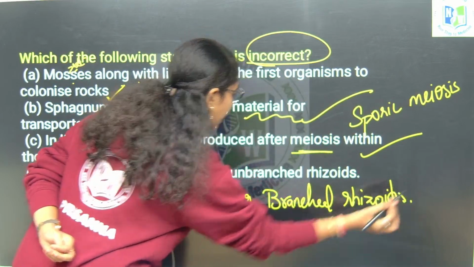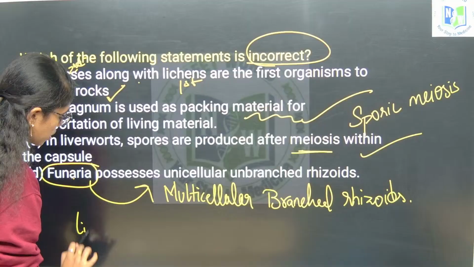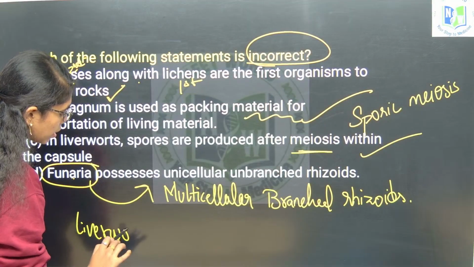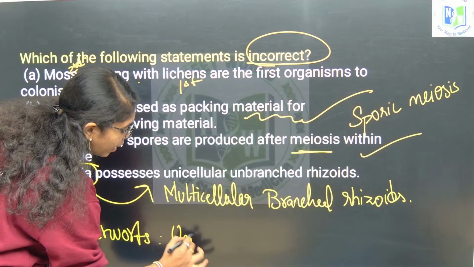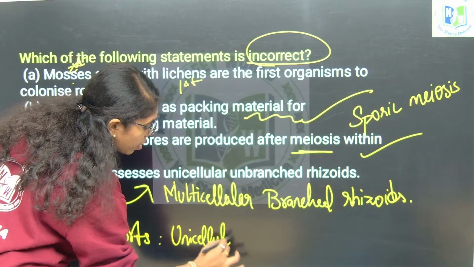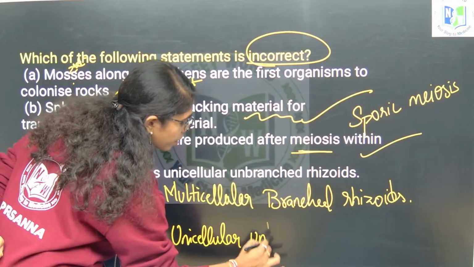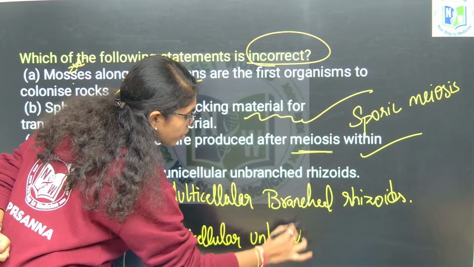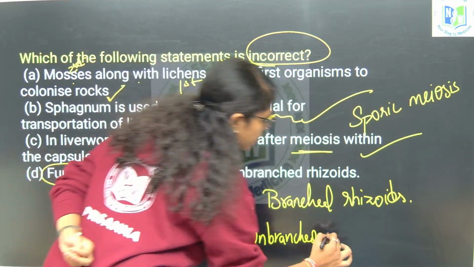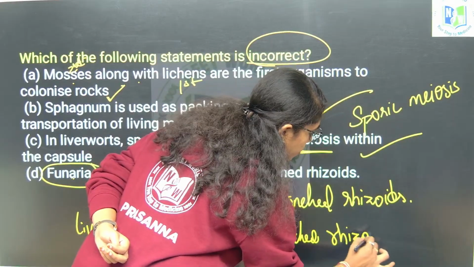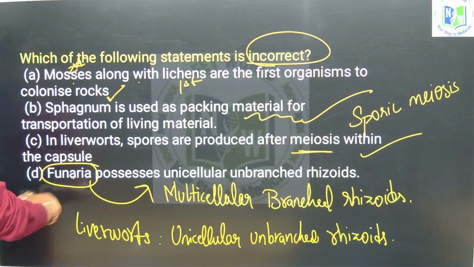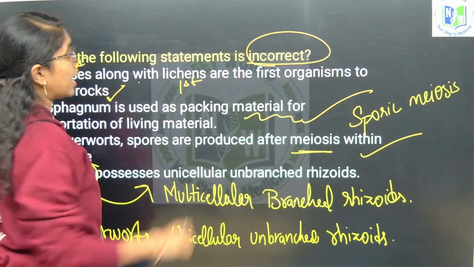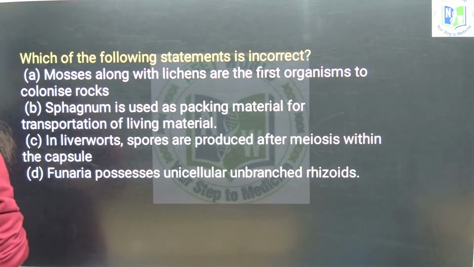Liverworts have unicellular unbranched rhizoids. Clear? So, we go with option D as the incorrect statement is asked. Next question.